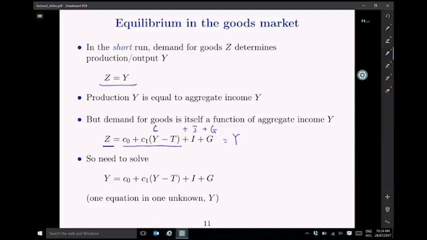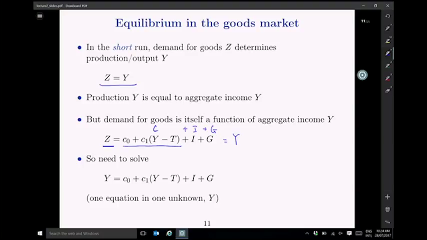So this equation is the definition of aggregate demand. When the goods market is in equilibrium, we have the second, the one that I add there. That is, all this aggregate demand should equal aggregate output. That's the equilibrium in goods market.